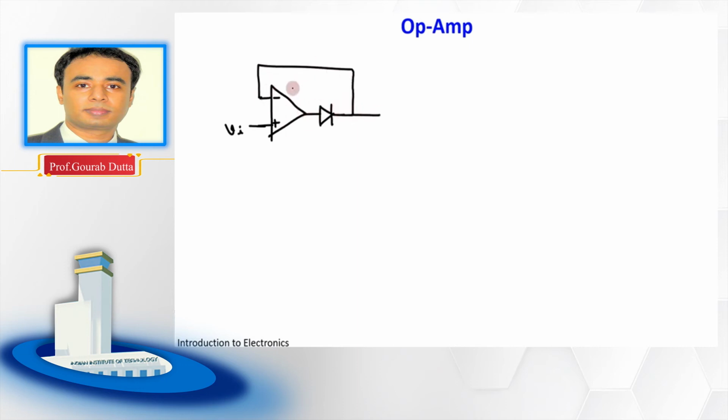So this op amp is now operating in a closed loop condition. This is the output voltage, and we will connect one load resistance RL here. So the drop across this load resistance is the output voltage. Now let us see how this particular circuit of op amp will behave.